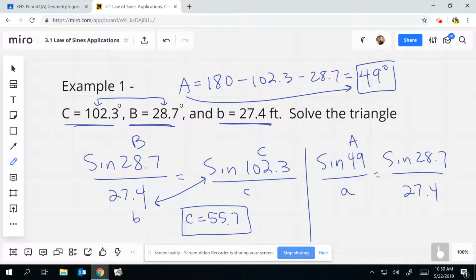And if you multiply the diagonals that are numbers, which would be the sine of 49 times the 27.4, we're going to divide that answer by the sine of 28.7. Get 43.1 when you get your little a.